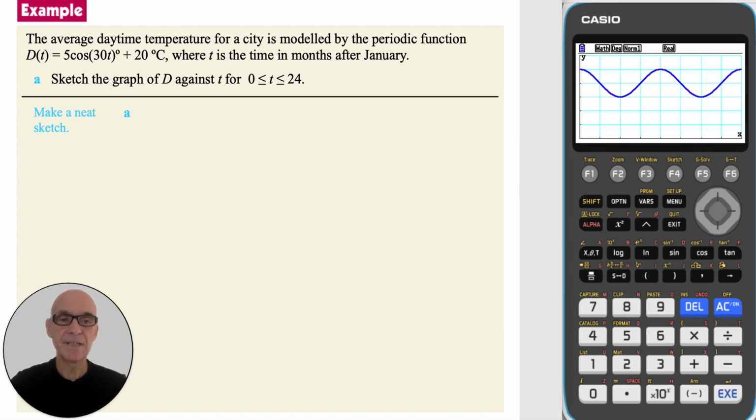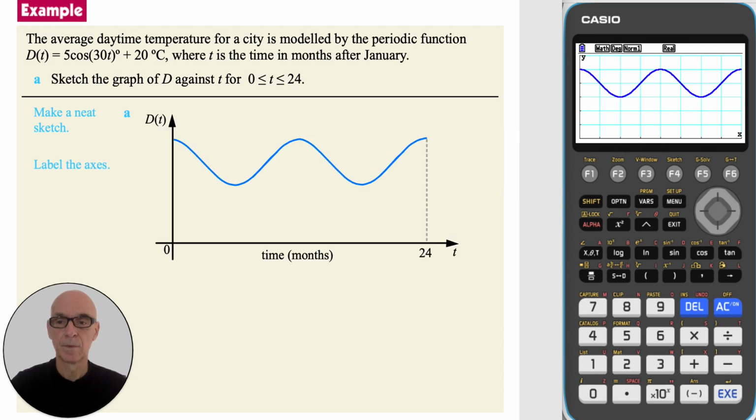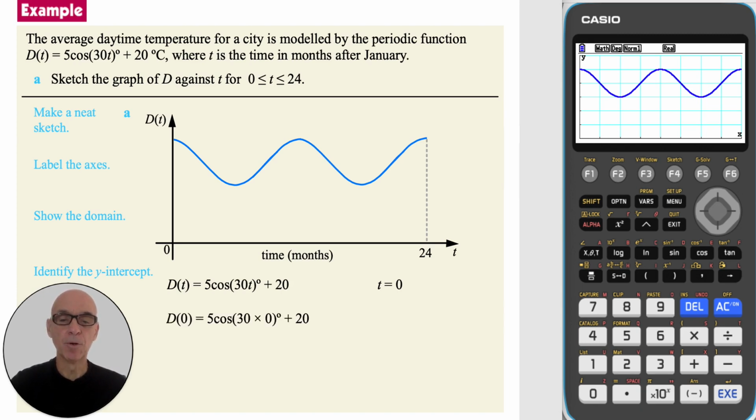Make a neat sketch. Label the axes and show the domain. Identify the y-intercept. You can do this by replacing t with 0 and performing the calculation given a value of 25.